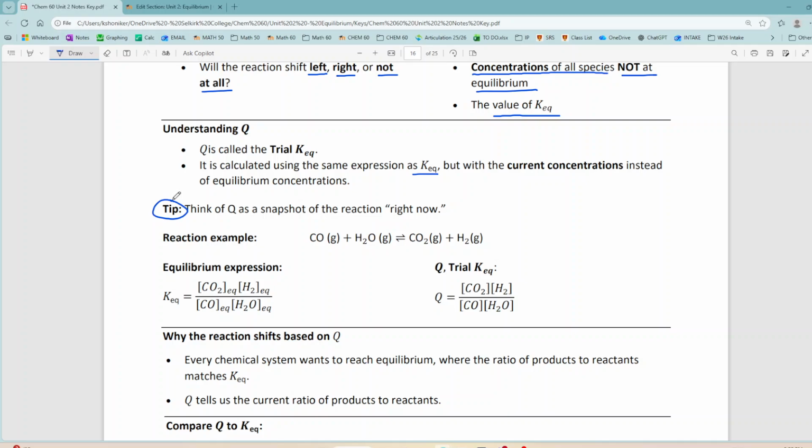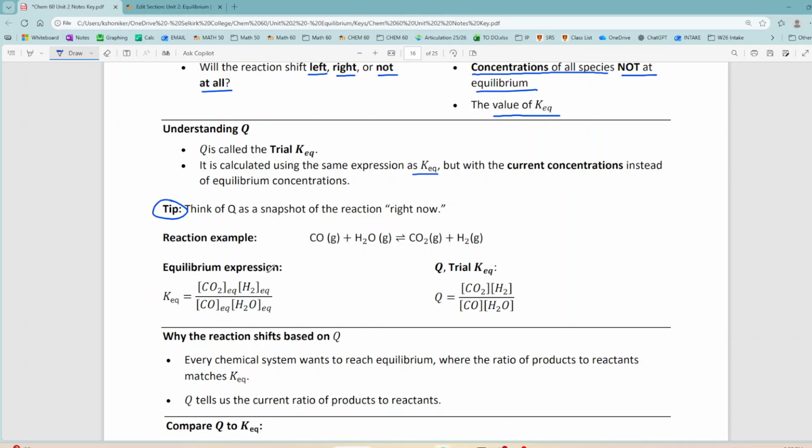So if you had a reaction of carbon monoxide plus water vapor goes to carbon dioxide and hydrogen, the KEQ expression would be the concentration of carbon dioxide at equilibrium times the concentration of hydrogen at equilibrium divided by the concentration of carbon monoxide at equilibrium times the concentration of water vapor at equilibrium.